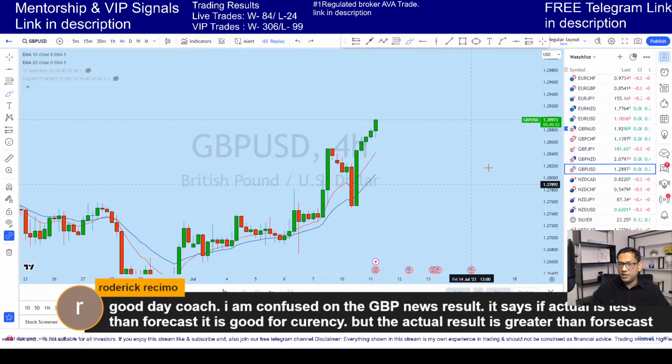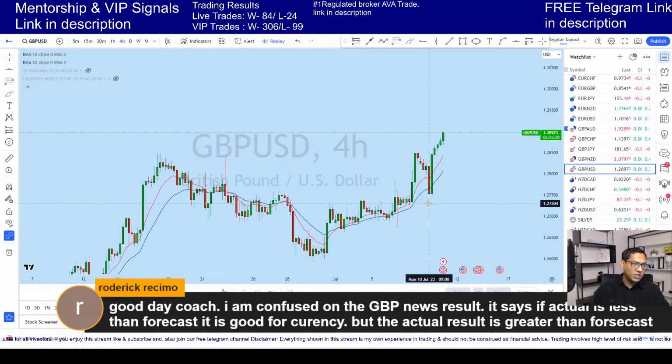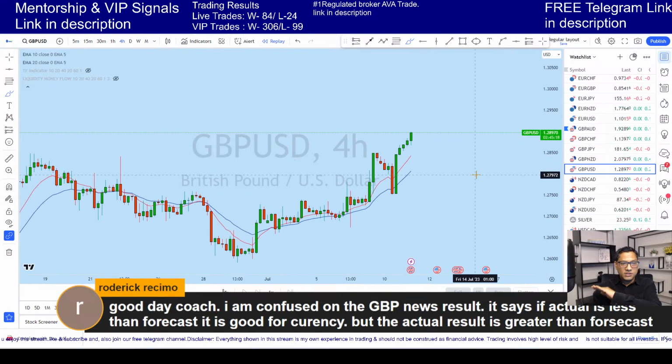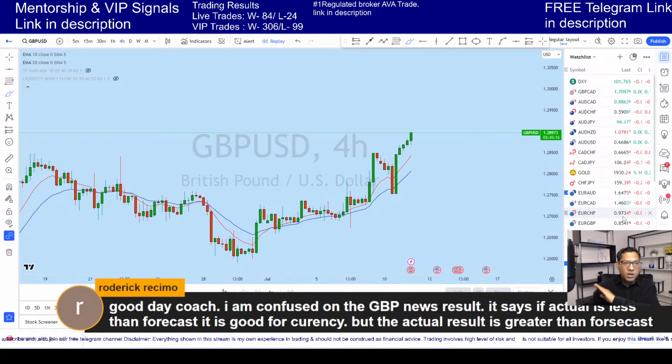Now, if you look at GBP USD, what do you see? Let's forget for half an hour that there is news coming up, a data release. You only see this structure here. There are three things that you need to look at when you are looking at this market.